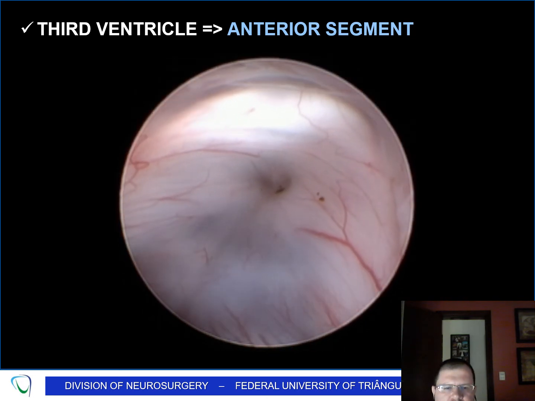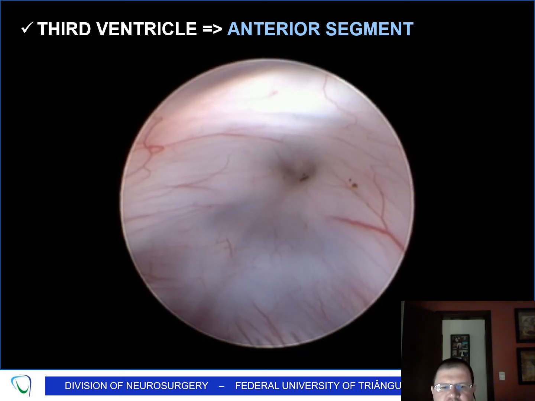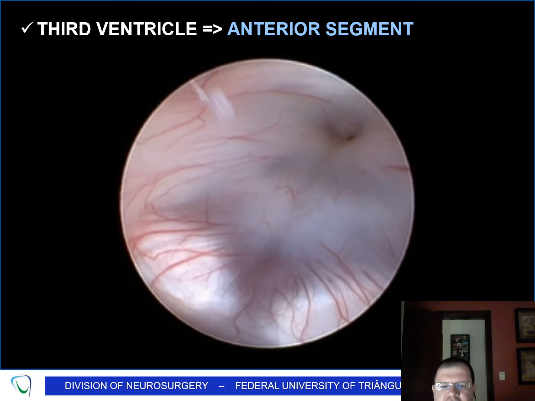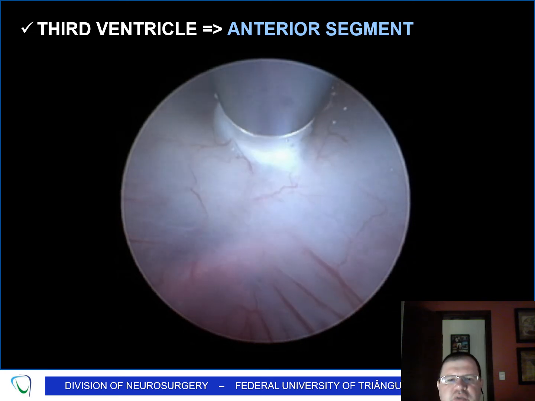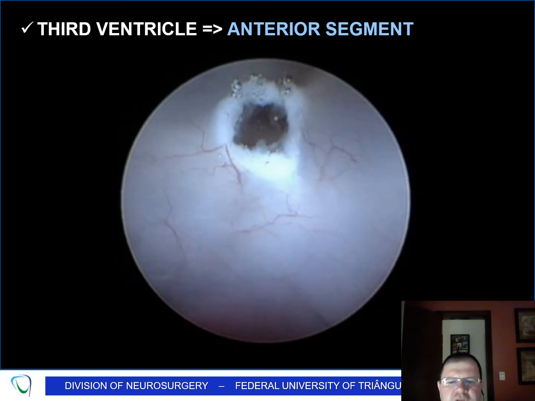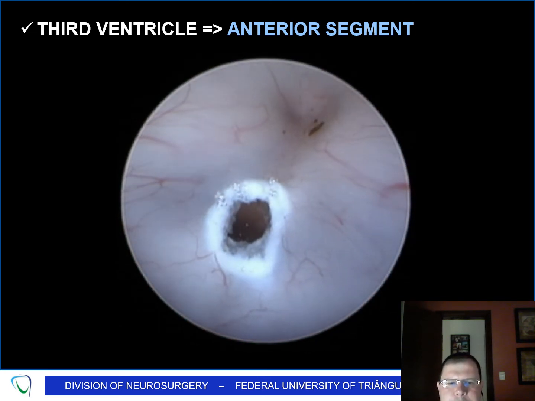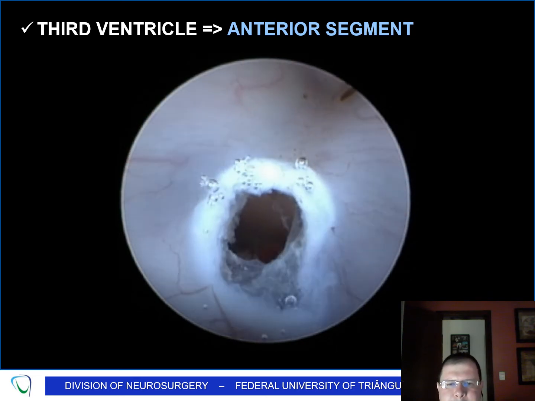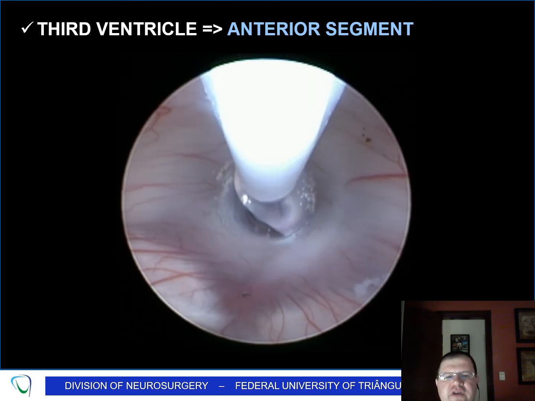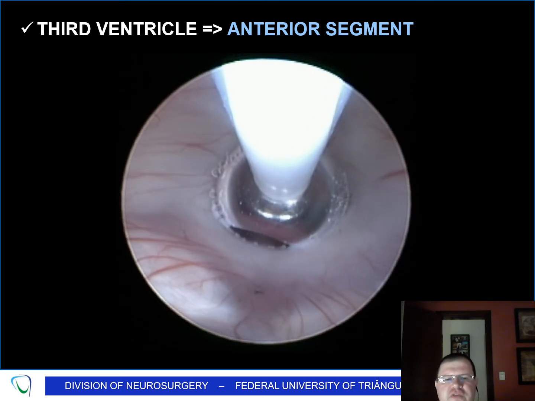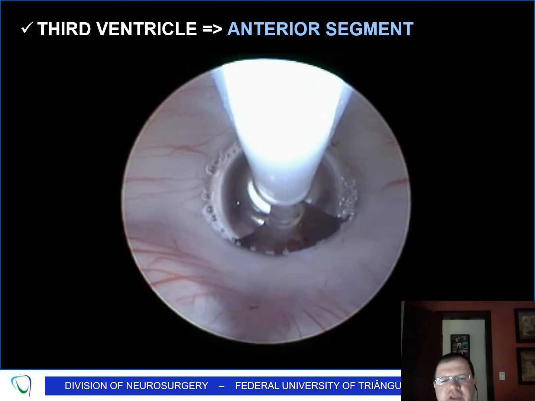This is a video showing the importance of this region, showing the endoscopic third ventriculostomy. It's coagulation of the tuber cinereum, opening, dilatation of the tuber cinereum with the Fogarty balloon number 3.